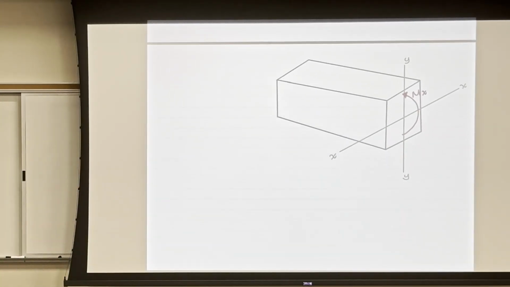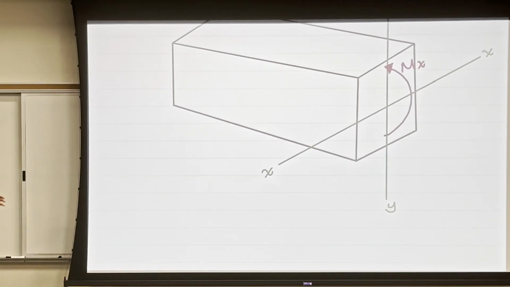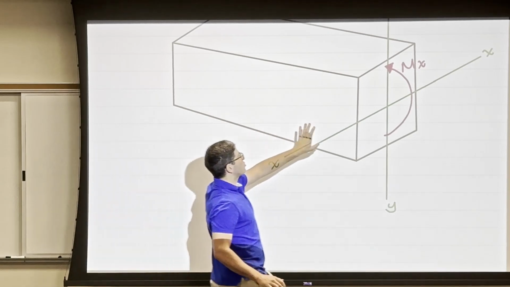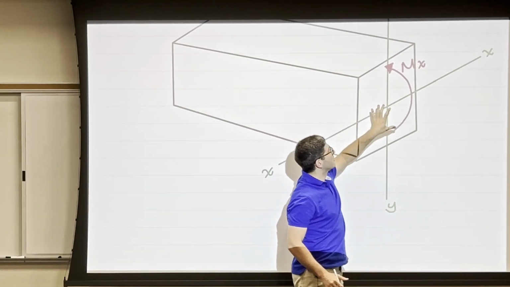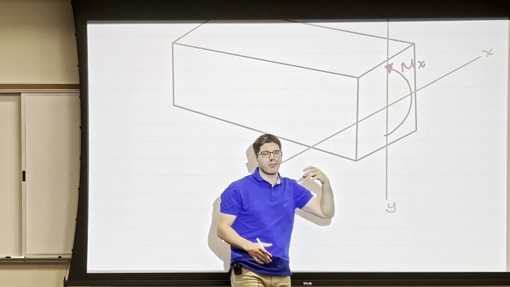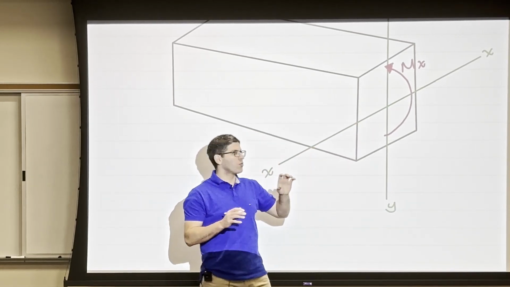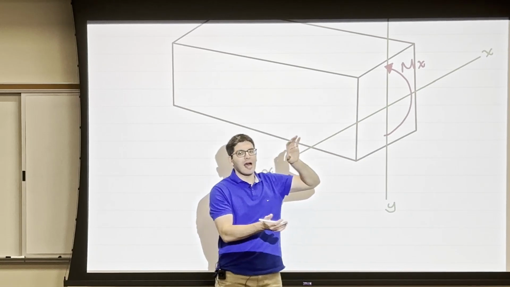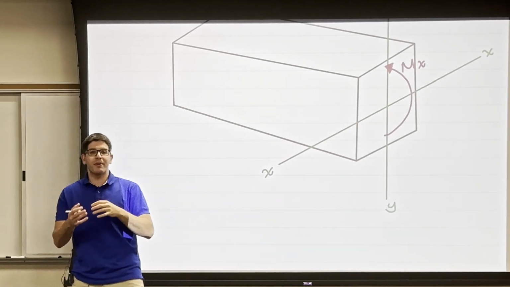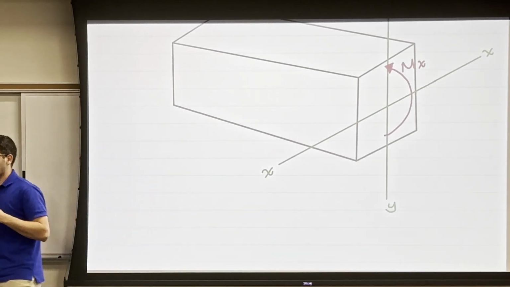So when we had that normal stress, the normal stress equation was equal to mx y over ix. Because this is the moment around x, what is going to resist the bending, or the property of area that's going to resist the moment about x, was the ix, which is the moment of inertia about the x-axis, the resistance to bending around the x-axis.